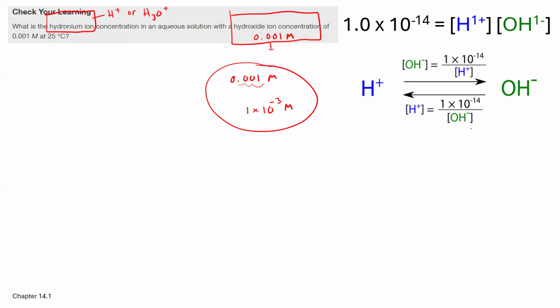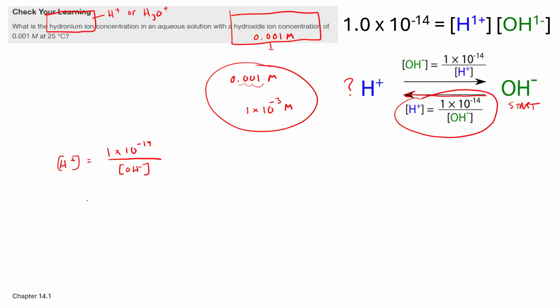Okay, so we are trying to find this. This is where we are starting. So we're just going to follow the arrow and we're going to use this equation. So it's going to be H plus equals 1 times 10 to the negative 14 divided by the hydroxide concentration.